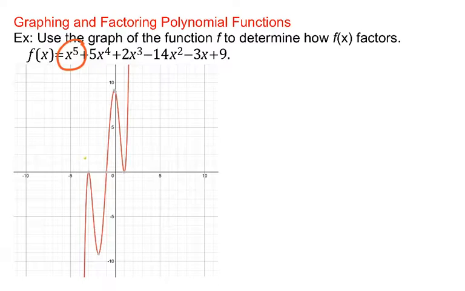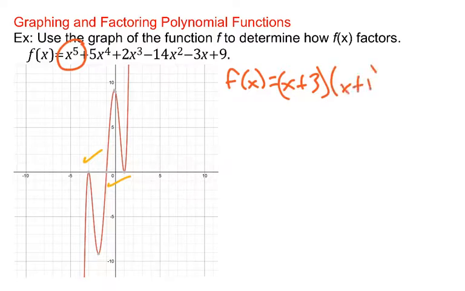This polynomial, for one thing, has a 0 at -3. And the factor theorem tells me that if -3 is a 0, then x plus 3 must be a factor. So one of the factors of this polynomial must be x plus 3. Let's look at the other zeros. Here's a 0 at -1. That means that x plus 1 has to be a factor.